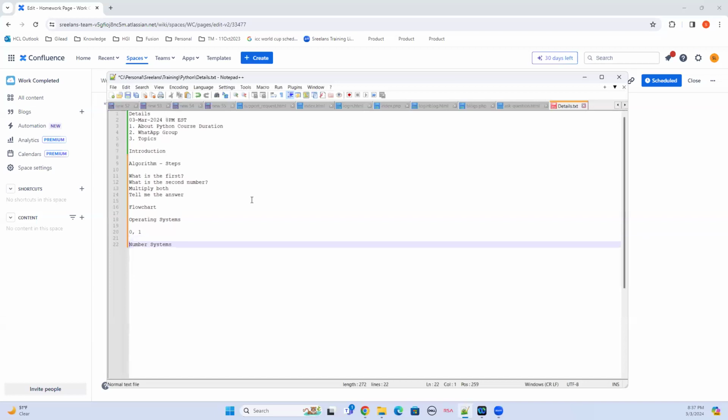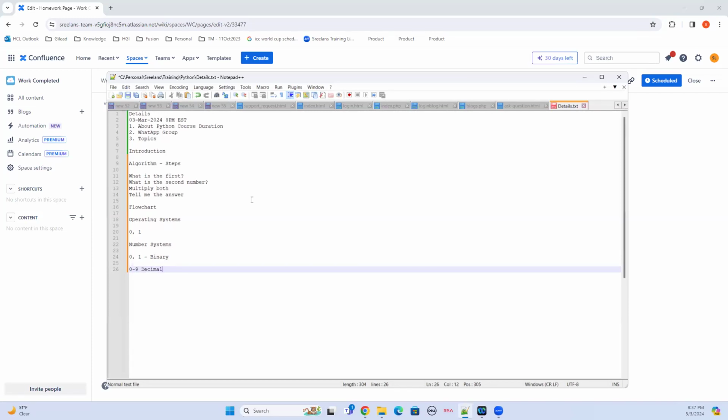Usually we talk about one number system, mainly 0 and 1, which is called the binary number system. Usually we follow two number systems, decimal and binary. You have multiple other ones, but we just stick to binary and decimal.